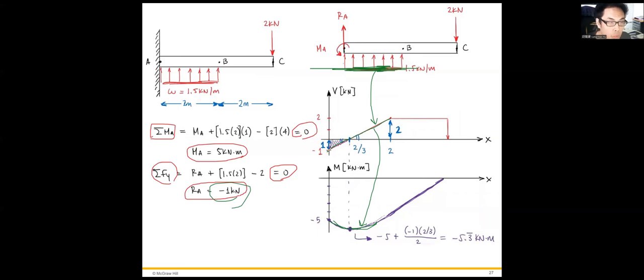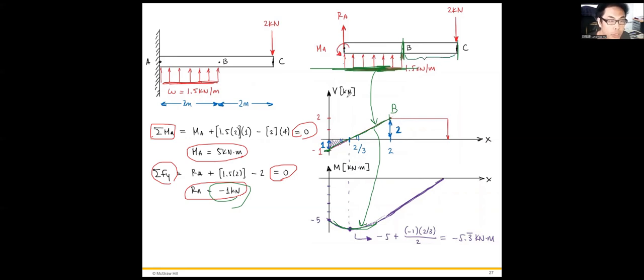Therefore, we can plot this initial reaction force at point A as -1 kN, and then there's a slope, a linear relation, up to point B. And the load between point B and C, there are no forces applied to it.